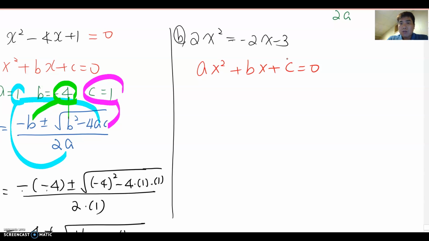So we have 2x squared, negative 2x, minus 3. Which one is the leading term? Yeah, if you guess 2x squared, then your guess is correct.